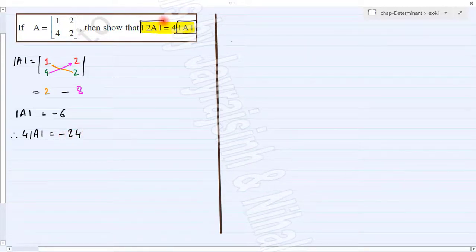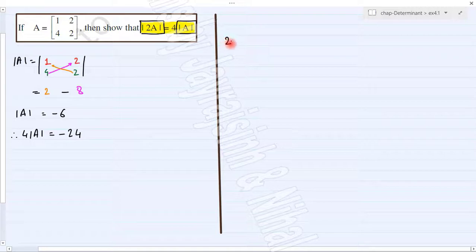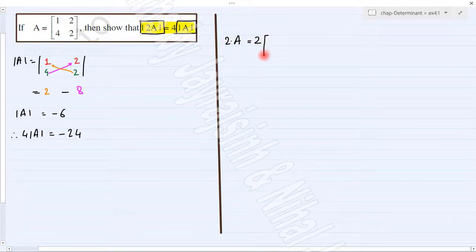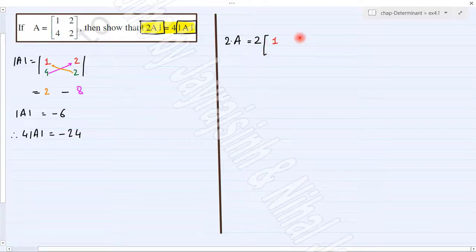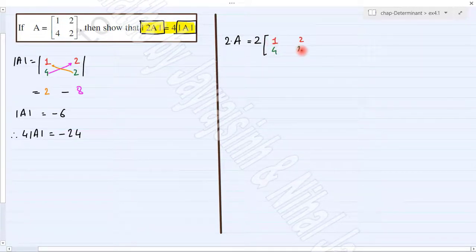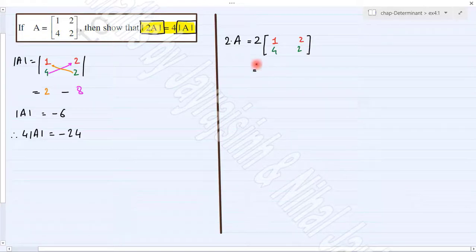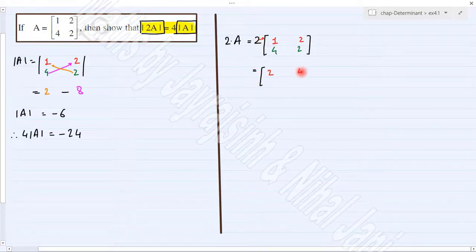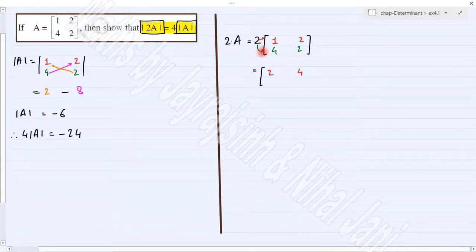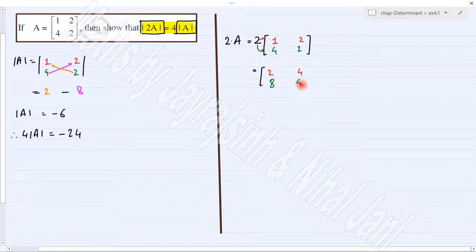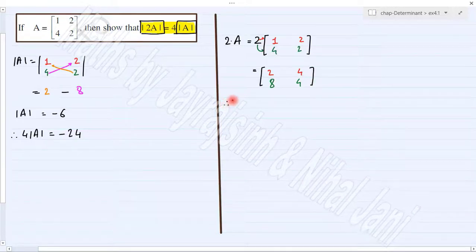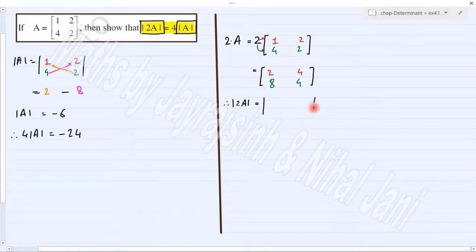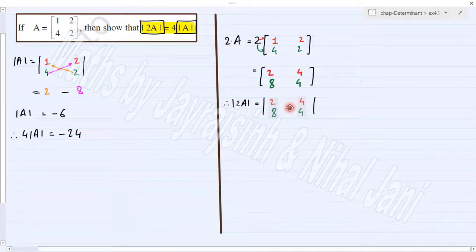And to get your left hand side, we are going to need 2A. That means we have to multiply 2 with each element of the matrix A. So, from the first row, we will get 2, 4. And from the second row, we will get 8, 4. So, we can say determinant of 2A will be determinant of 2, 4, 8, 4.